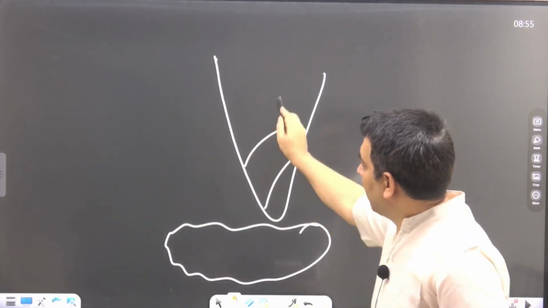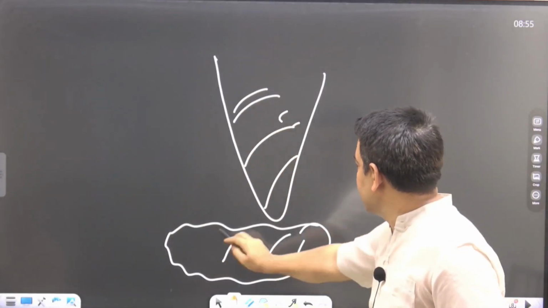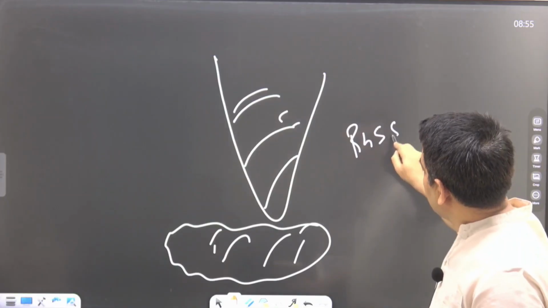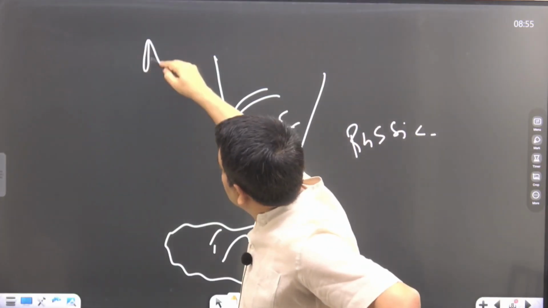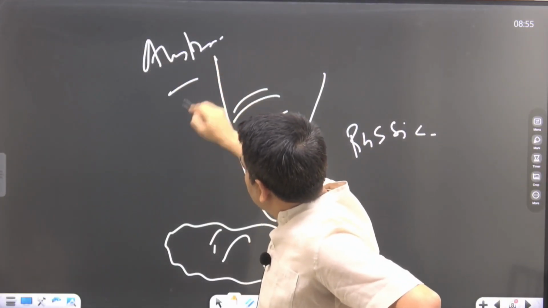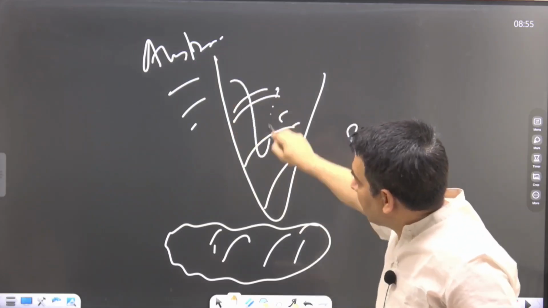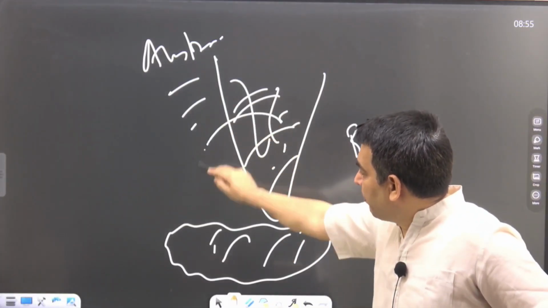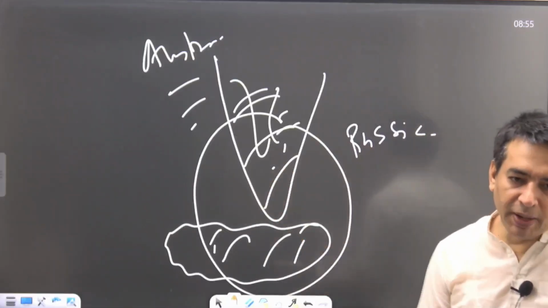This is the Balkan Peninsula, this is the Mediterranean. On one side Russia was there, on the other side Austria. Austria and Russia were eyeing the Balkan Peninsula, because it was part of the Ottoman Turkish Empire.